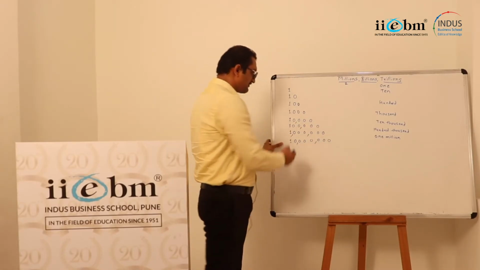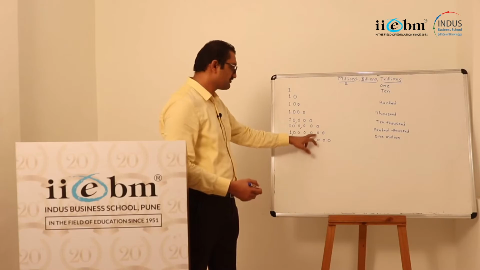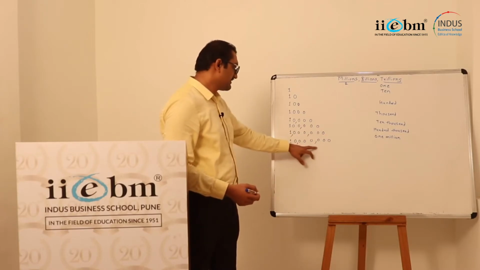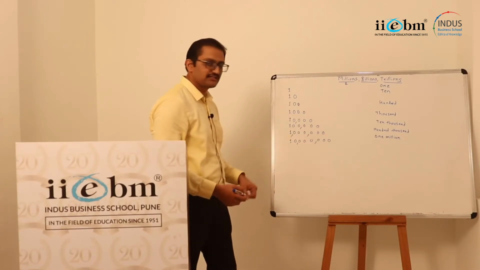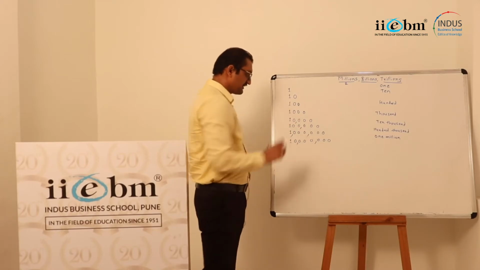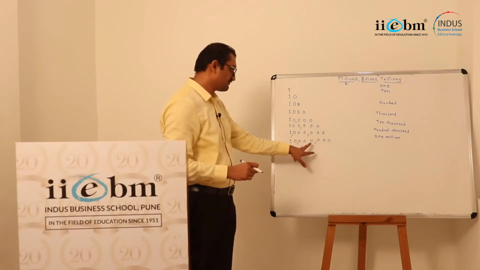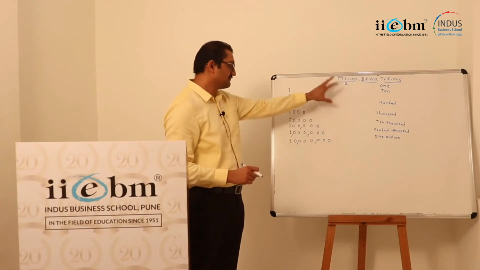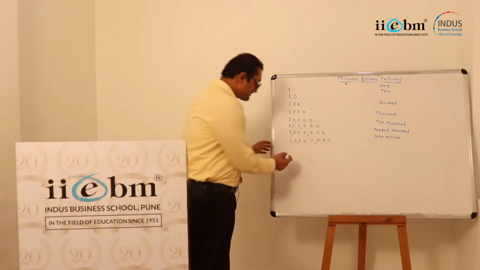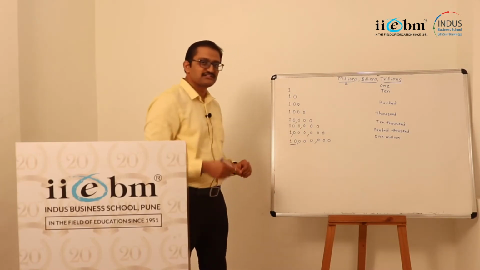Now, if we add one more 0 to 1 million, these are the first 3 digits, then these are the second 3 digits. So, we have 2 commas, the number is in millions, but how many millions? So, this is 10 million.